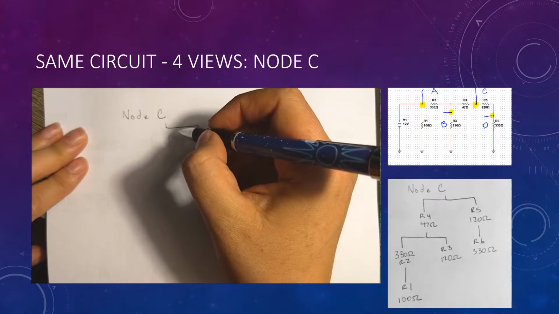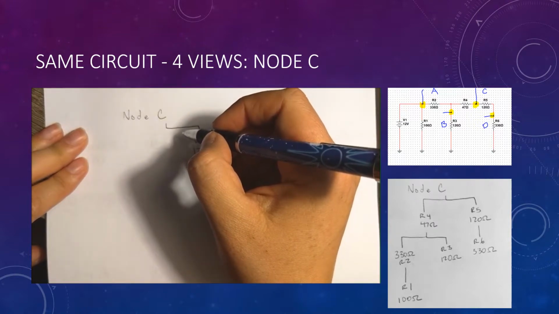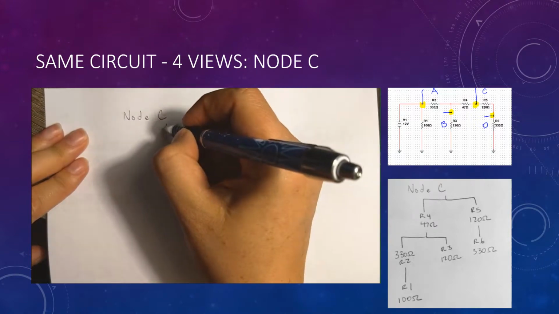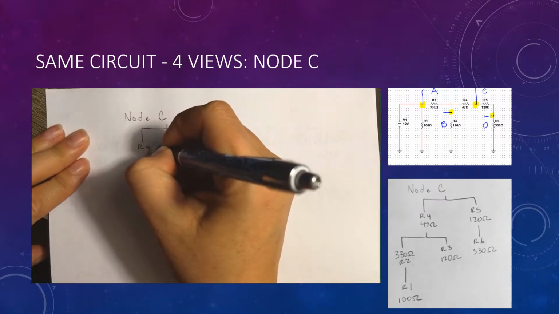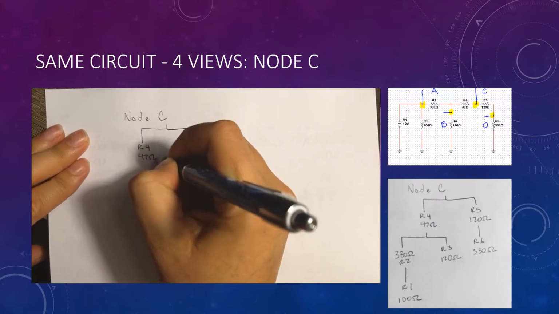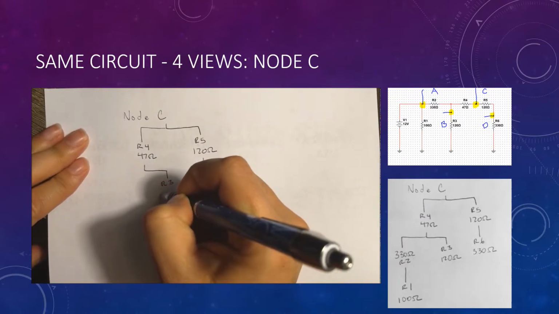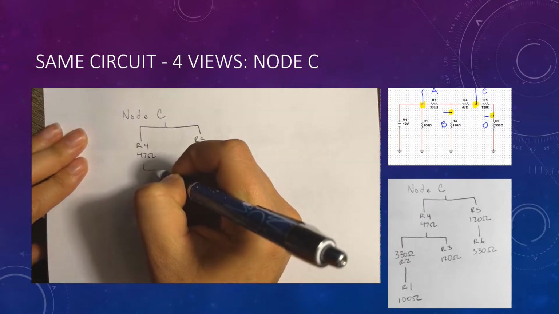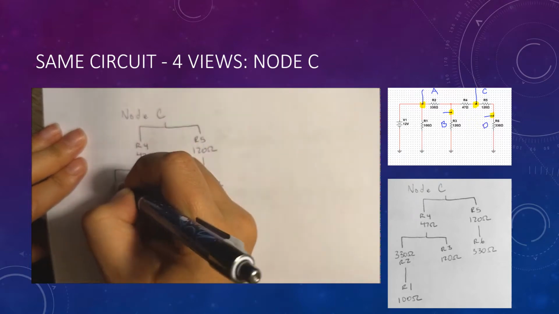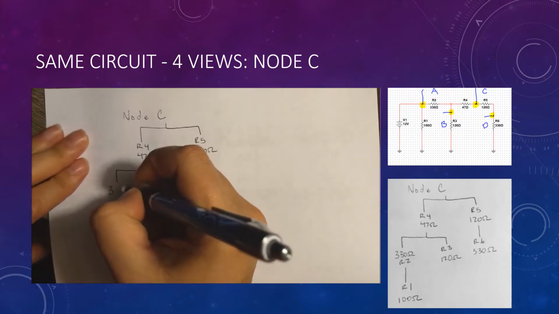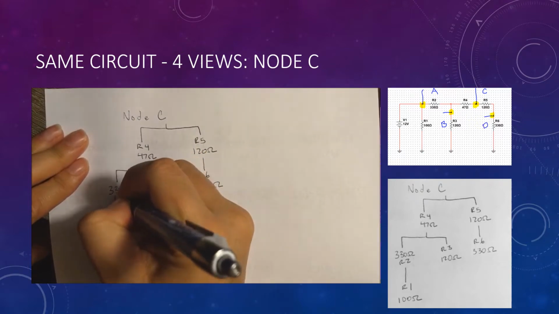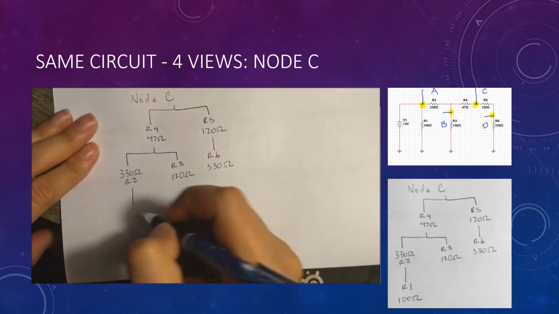Moving the other way at R4, we have 47 ohms, and noticing that we branch again in parallel to R3 at 120 ohms, and then R2 at 330 ohms in series with R1 at 100 ohms.